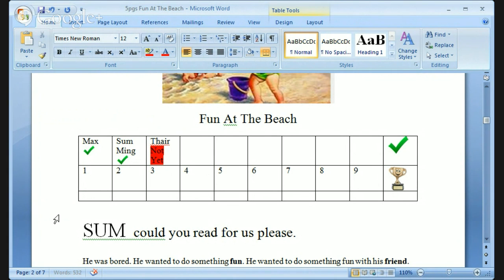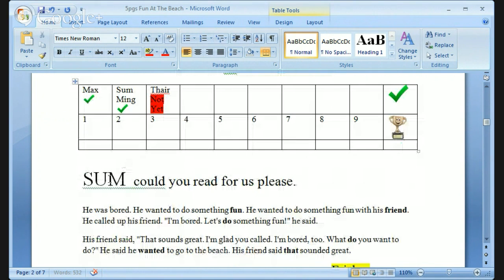So here we go. Max, I'm going to ask you to summarize this story that we just read because you have indicated that you understand it 80% or more. I'm going to give you 30 seconds as you summarize what you remember about the story. I'll ask the same thing of Sun Ming, and I'll ask the same thing of you, Thar, and I will give you an example of what your summary might sound like.